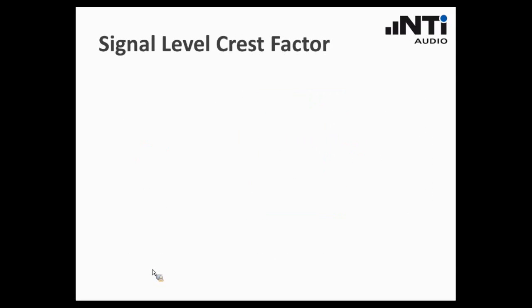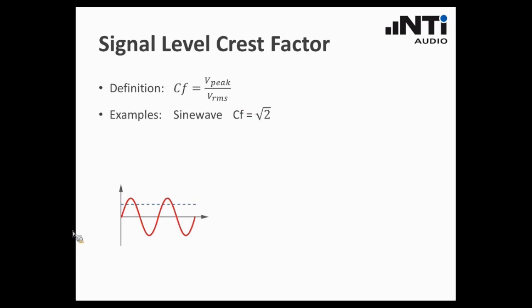Well, the next aspect you have to consider when you generate a signal is the shape of this signal. That is best quantified by the Crest factor. What is it? The Crest factor is the ratio between the peak voltage and the RMS voltage. Let us take a look at a typical sine wave.